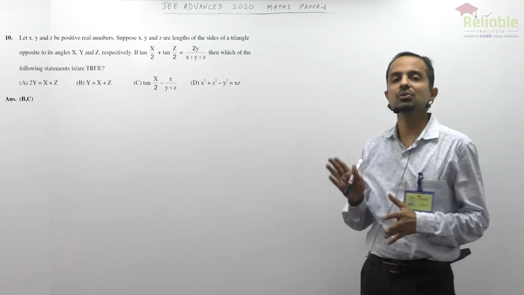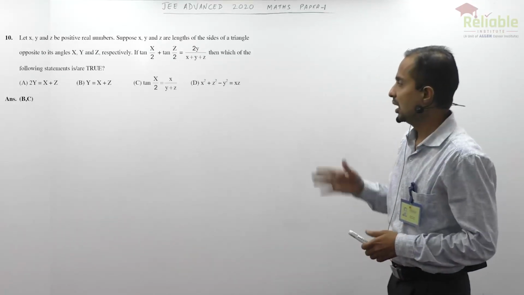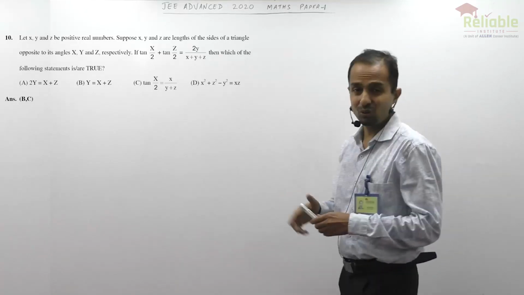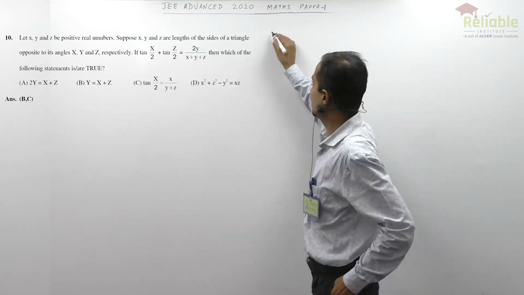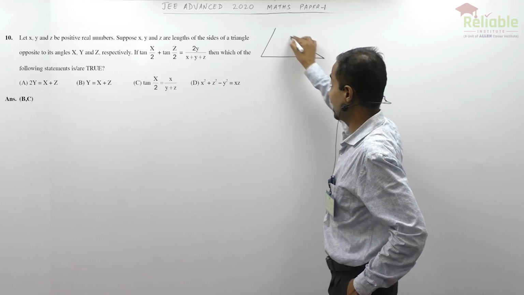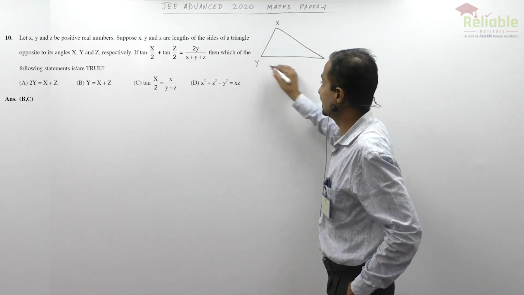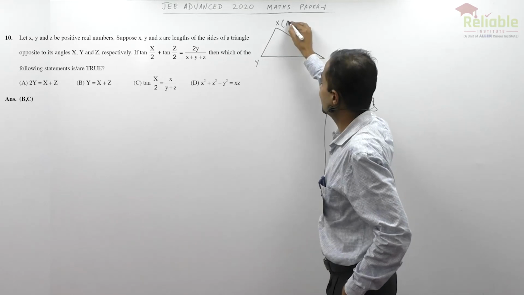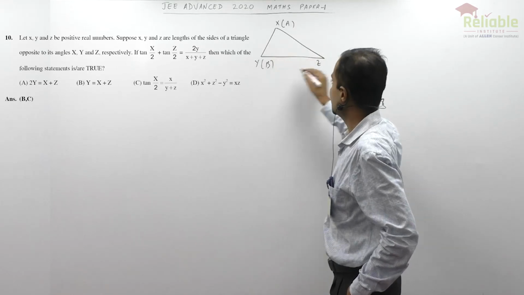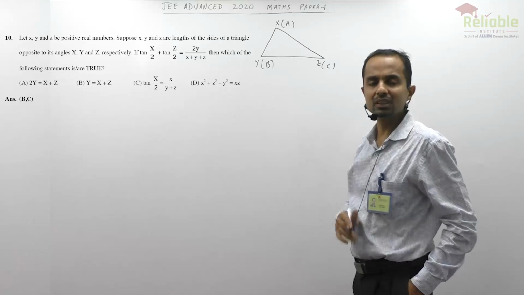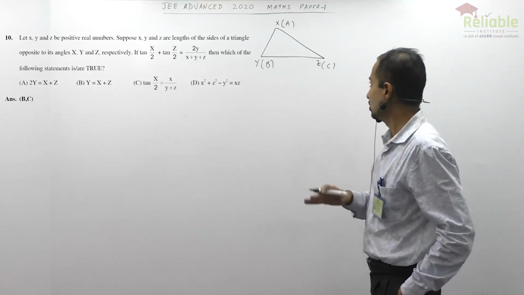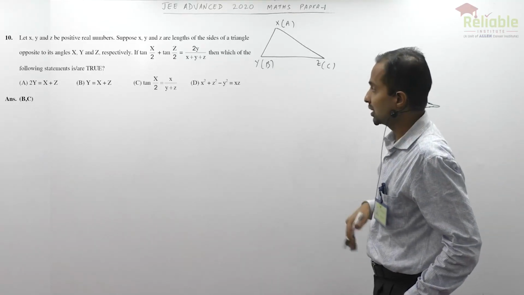Now question 10th, as you can see, is from SOT, and what does it state? I won't get into this XYZ because while studying and while teaching we are more acquainted towards ABC instead of XYZ. I don't know why JEE always takes help of XYZ, maybe just to confuse the students or to check them.